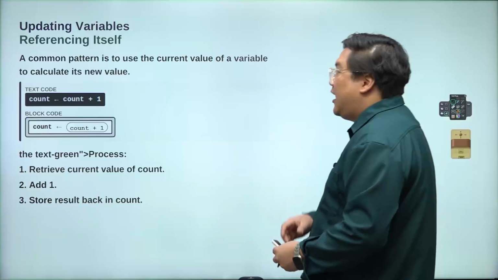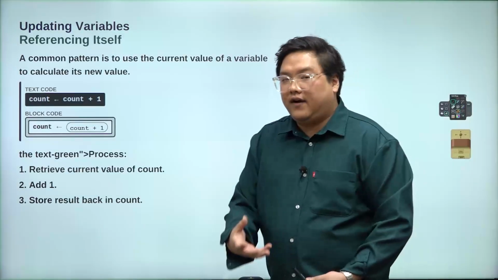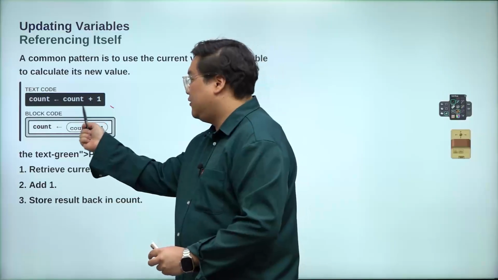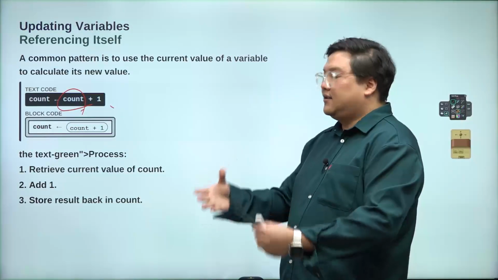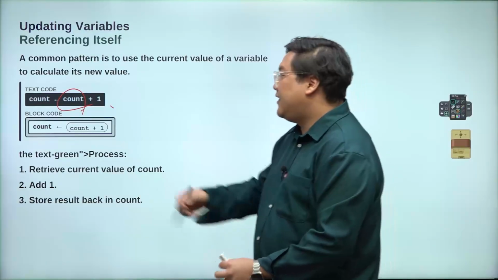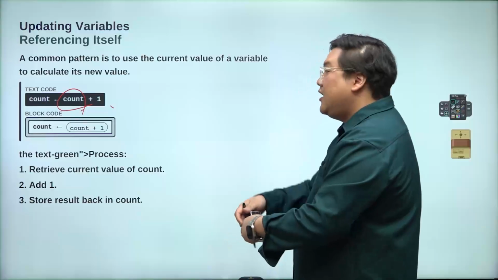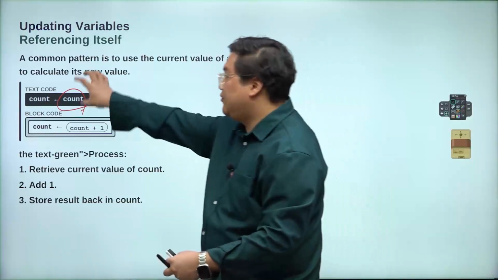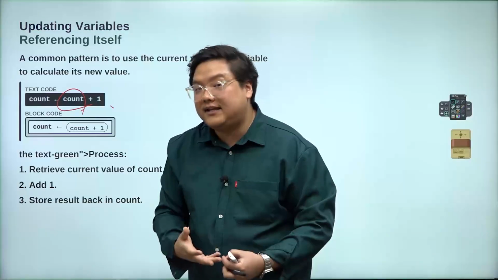A common pattern, when we are updating the value of a variable, is to use the variable in the expression. Think of that as the current initial value saved in count. We said we're going to do everything on the right first and then do the assignment, right? So we haven't updated it yet.